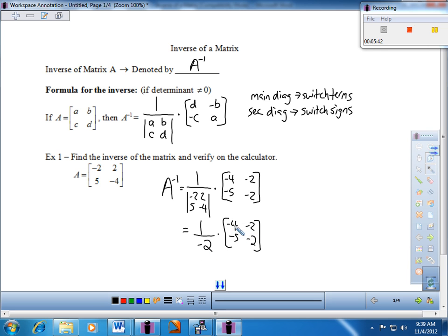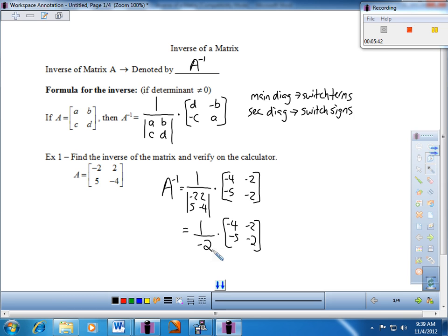So one more time, I'll take the -4, divide by this, -2, divide by this, -5, divide by this, and -2, divide by that. So that's how I think of it, because obviously it is a 1 over situation. So I just take my numbers from my modified matrix and divide by the determinant.